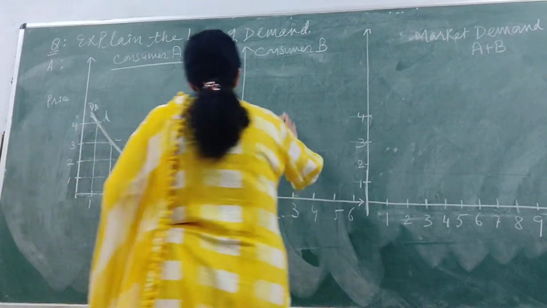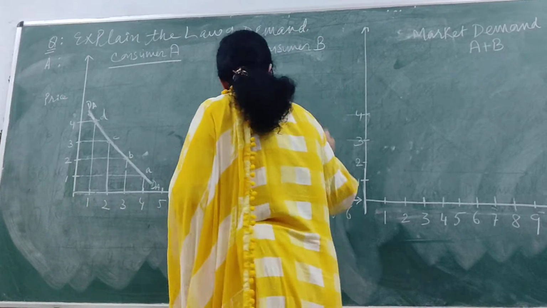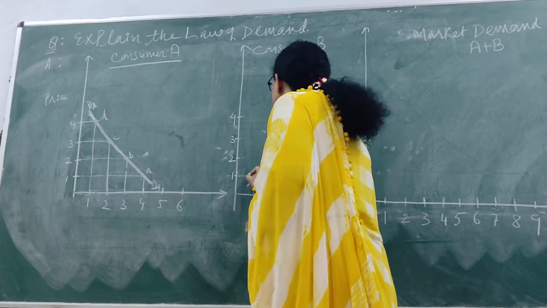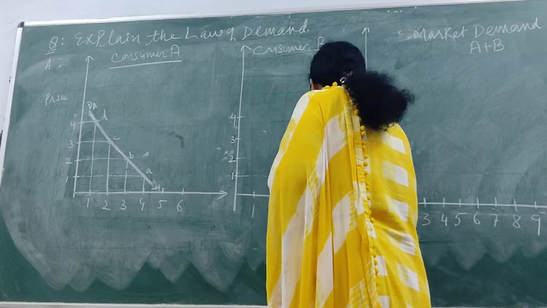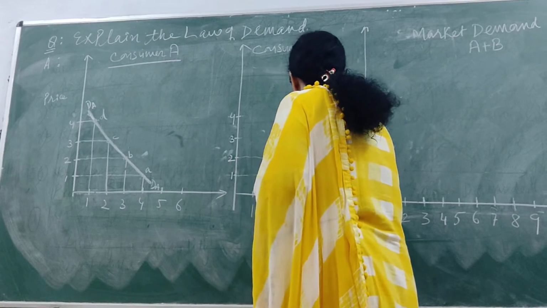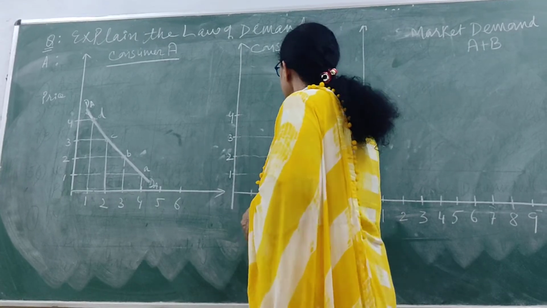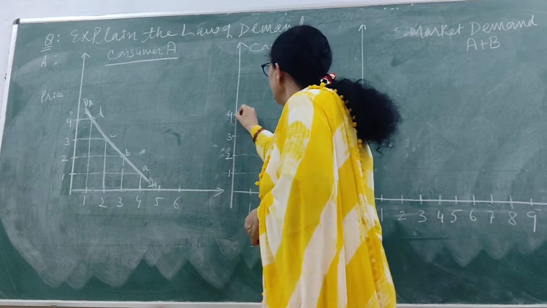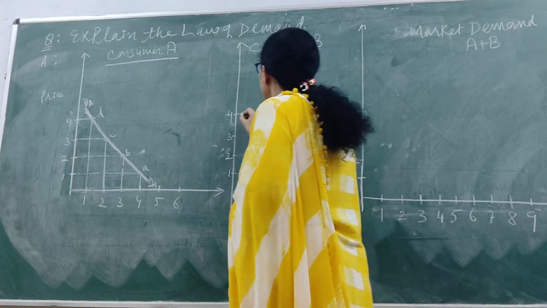Now coming to consumer B. So at price 1 the demand is 5, at 2 it is 4, at 3 it is 3, at 4 it is 2.